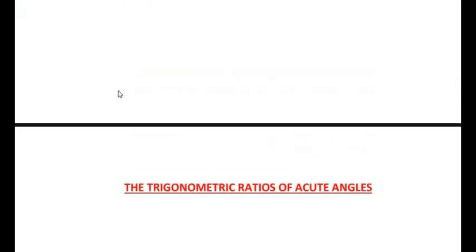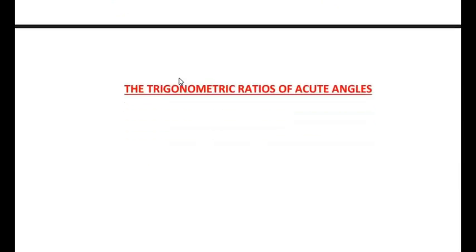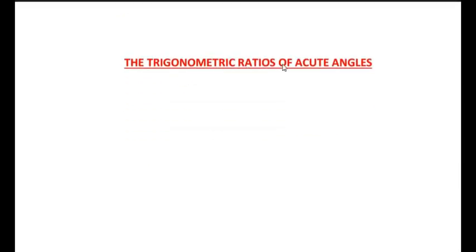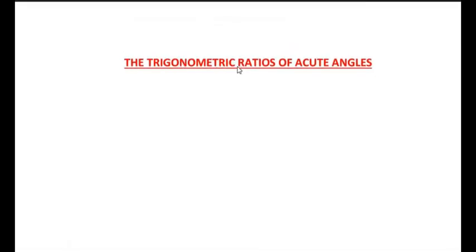Now after understanding how to label the triangles, we will proceed on to the trigonometric ratios of acute angles. This is a very important and basic topic in trigonometry. There are basically three major trigonometric ratios. They are given by the names sine, cosine and tangent.